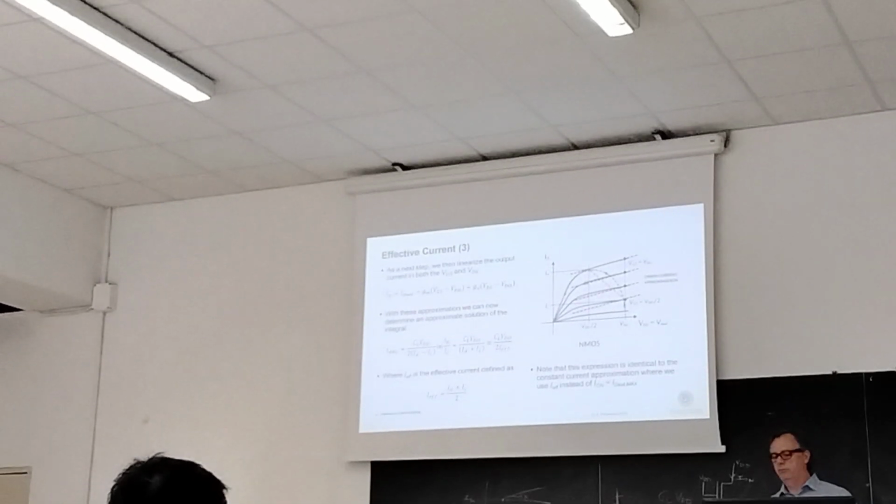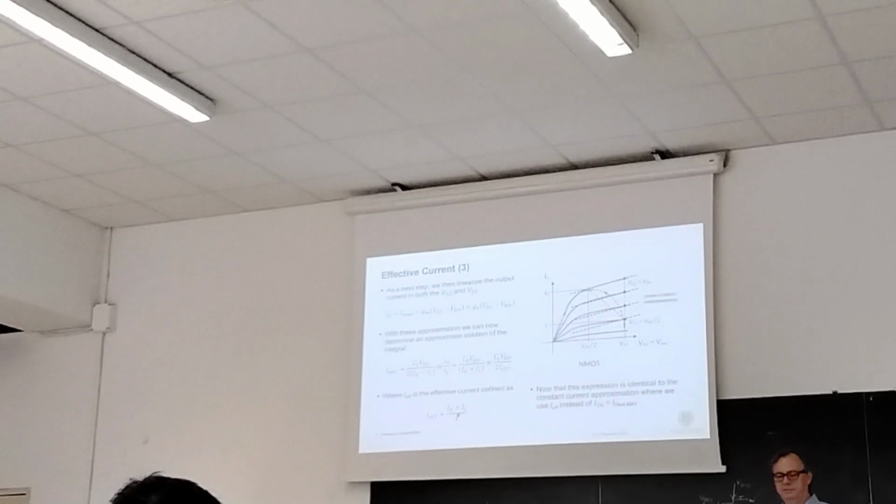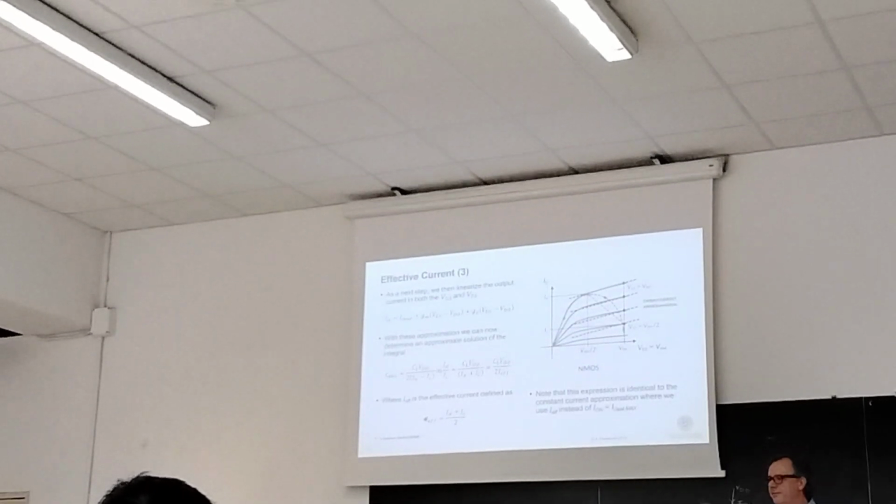We average those two currents, and we get our effective current. So at the end of the day, the only thing you need to remember is this average effective current.